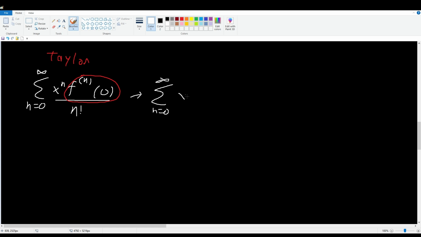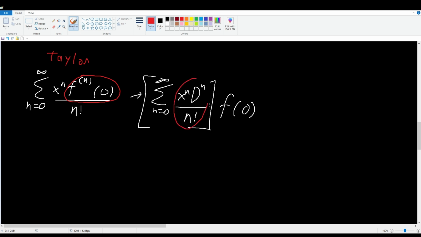So we just have x to the n D to the n over n factorial. And if we see, this is operating on the function at 0, right? And what does this look like? Here's our input. Our input is xD. Yes, the funny.